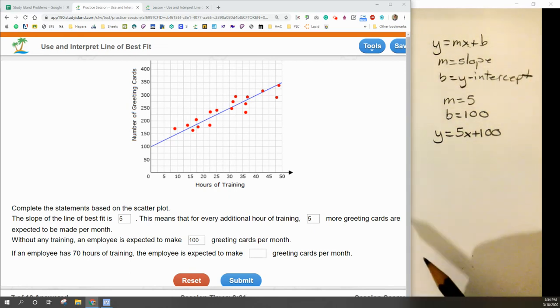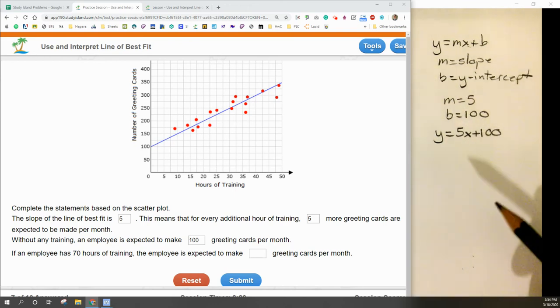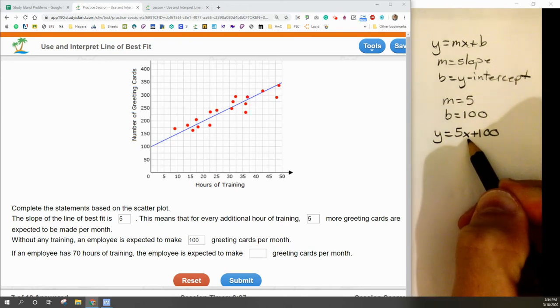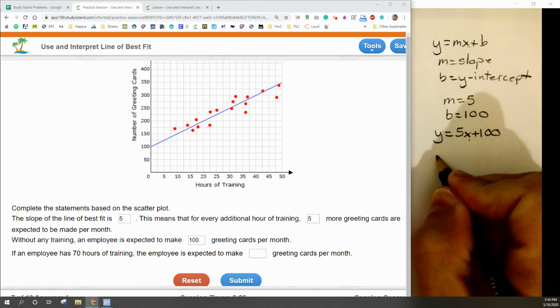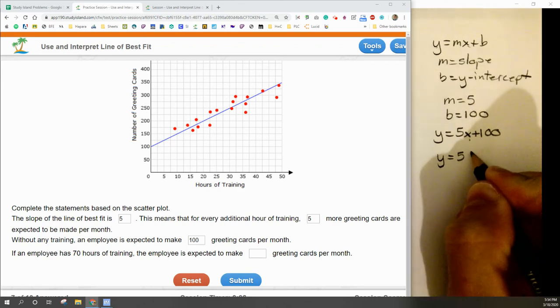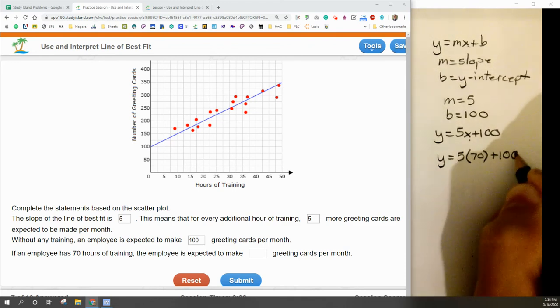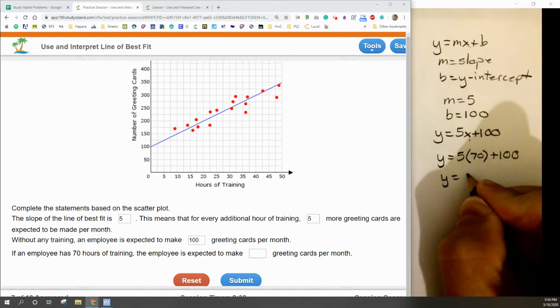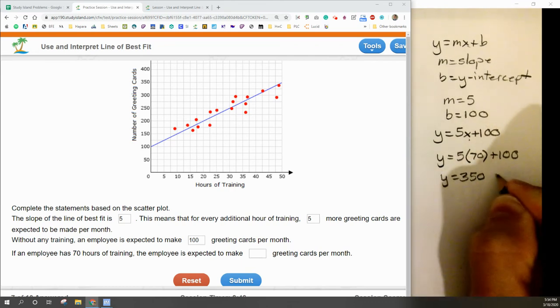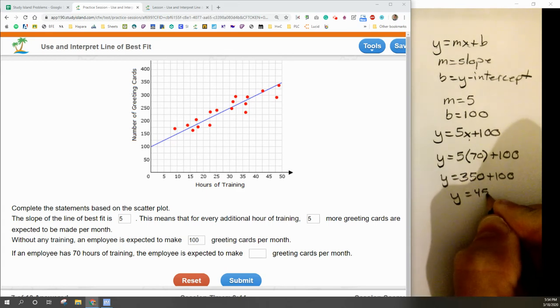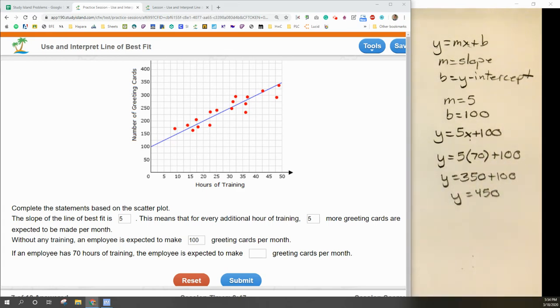So if we want to know the number of greeting cards that correspond to 70 hours of training, we just plug in 70 for the hours variable, which is x, and it looks like this. y equals 5 times 70 plus 100. 5 times 70 is 350. So 350 plus 100. So y equals 450. So 70 hours of training should correspond to 450 greeting cards per month.